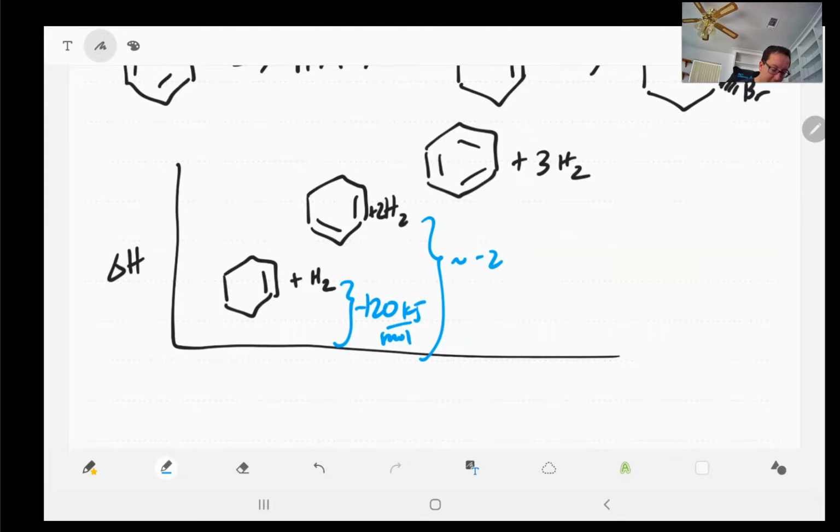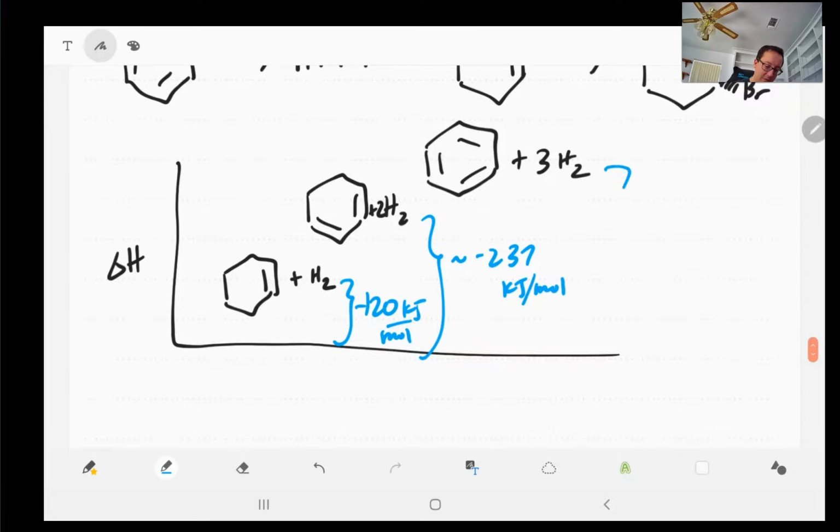It might be like 237 or something. Don't need to know these numbers, as always. If we were to try and predict how much energy benzene would give off to be hydrated like this, to reduce it, we might predict around negative 360. It's an excess number.